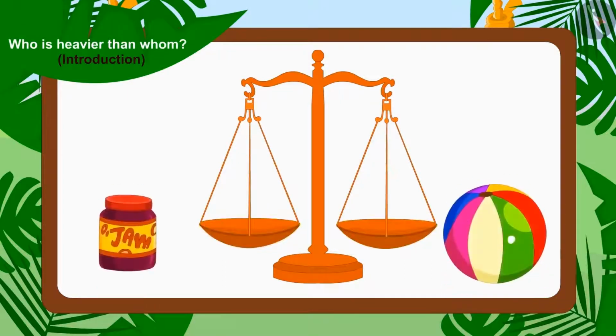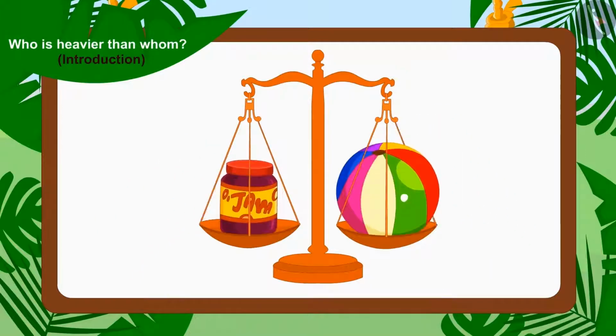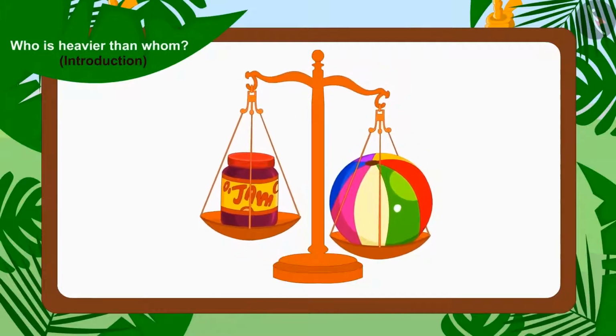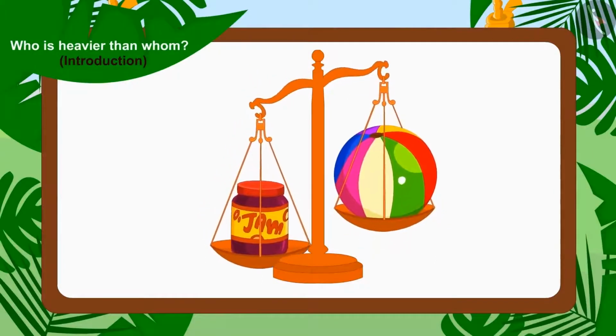We have to put the two things whose weight we want to compare on these plates of the weighing scale. The weighing scale will tip towards the side of the plate which has more weight on it.